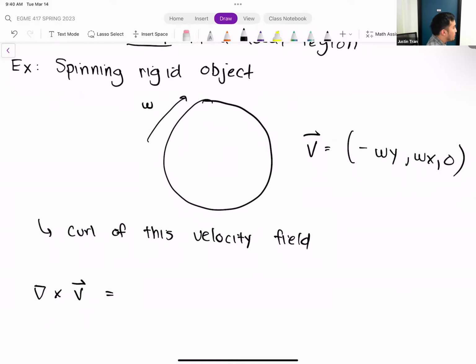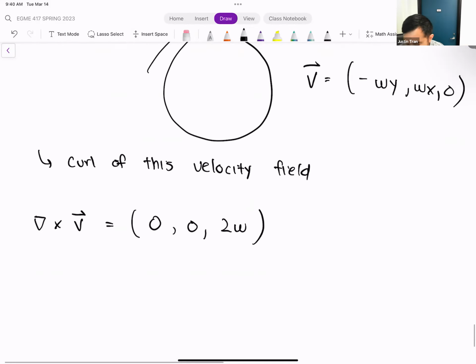With no z component, so vz is 0, and nothing depending on z, most of the components of the curl are going to cancel out. What we end up with is 0, 0, 2 omega. And so our curl points in the z direction.